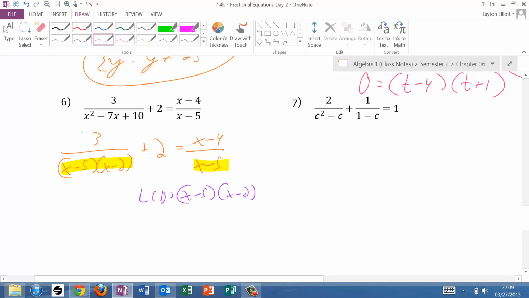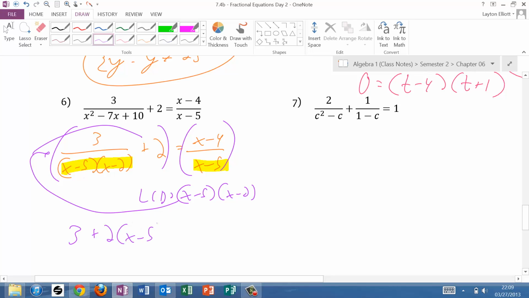Then we multiply the LCD by the left side and the right side of the equation. In the left side, it's going to cancel and just give you a 3, plus, and then we're going to have 2, but times all that LCD. Because remember, we're using the distributive property, we're multiplying it by the left side, which means we have to carry it to both of those. Then on the right side, the x minus 5 is going to cancel, leaving me the x minus 4 times an x minus 2.